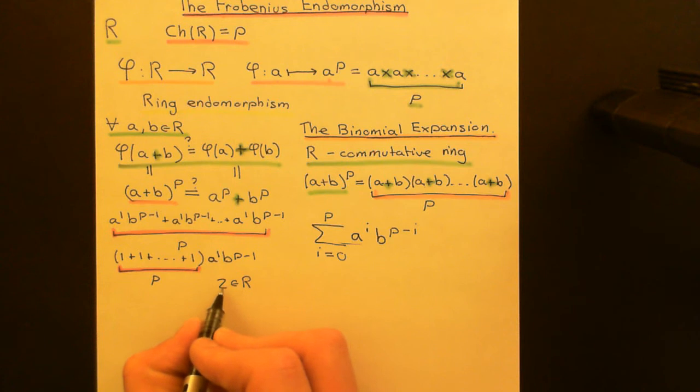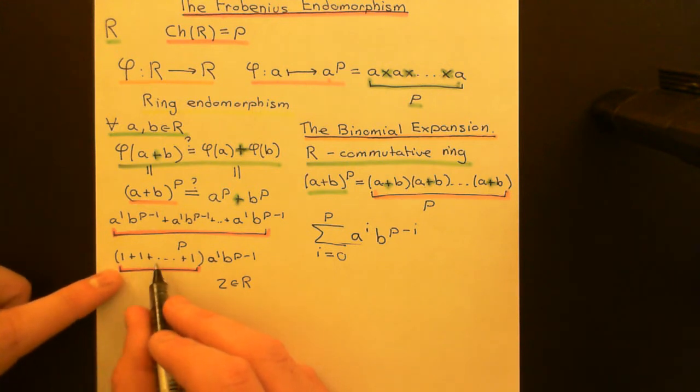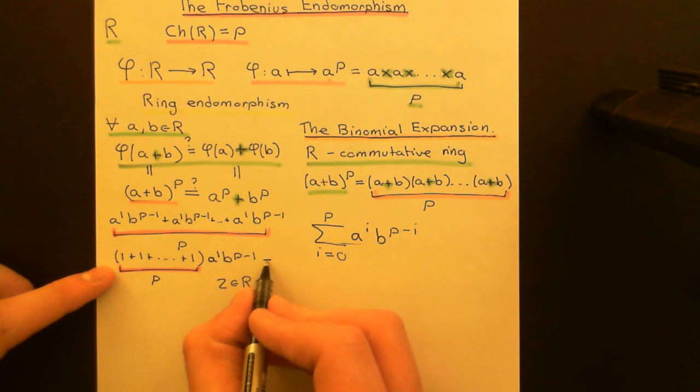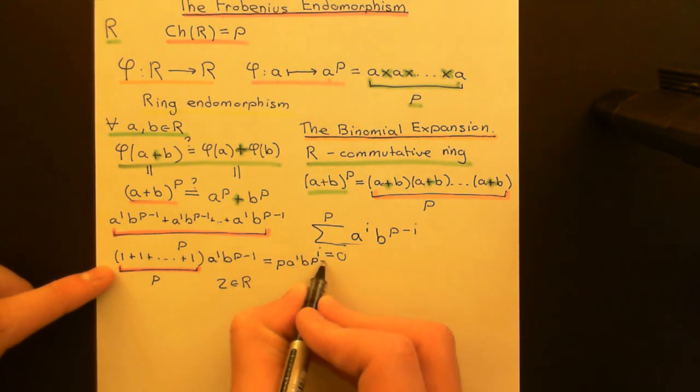So 2 lots of the multiplicative identity added together. More generally, any natural number p just means 1 added to itself that many times. Okay, so we can denote this like so: p a^1 b^(p-1).